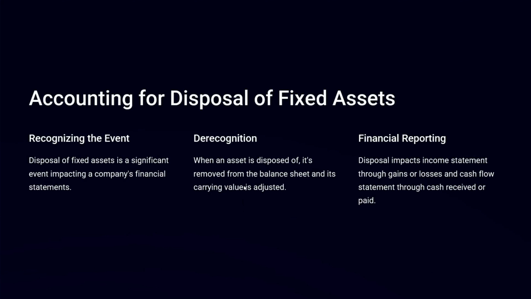So if we purchase equipment, when we sell it, we need to remove it 100% from our assets. And disposal impacts the income statement as well through gain or loss, and the cash flow statement through cash received or paid.